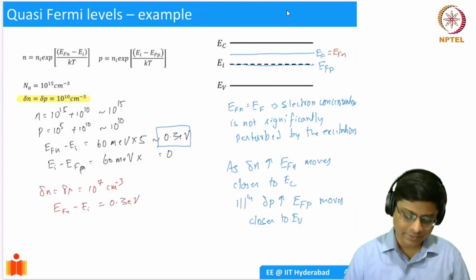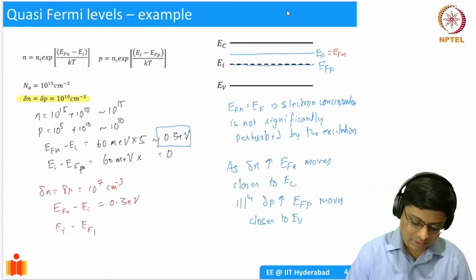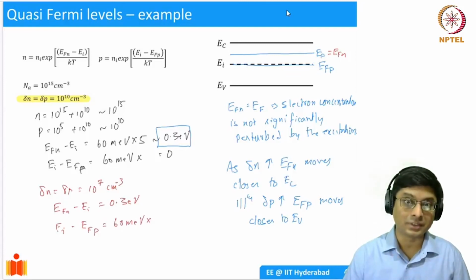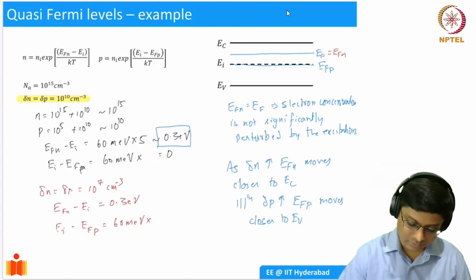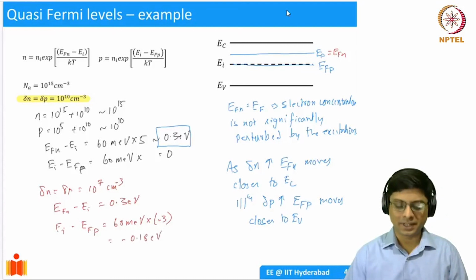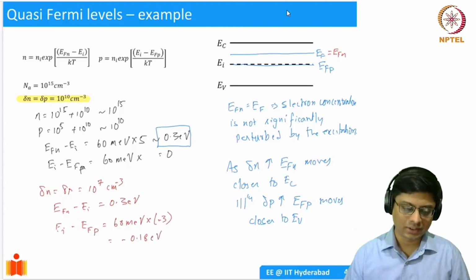Whereas EI minus EFP is going to be 60 meV into log of 10 power 7 divided by 10 power 10. So that's going to be minus 3, so that's going to be minus 0.18 eV. So now, as you are reducing the excess minority carrier density, you are moving closer to EF.